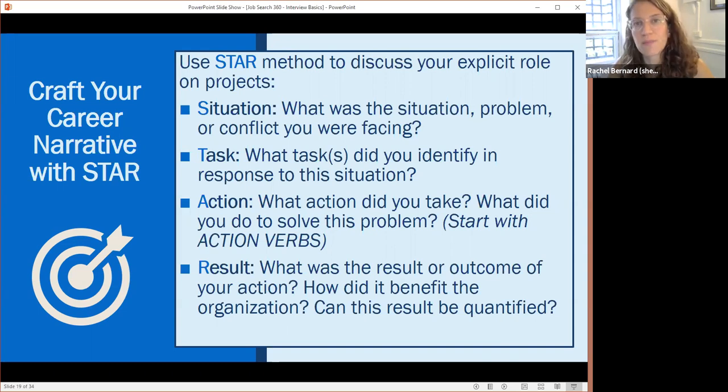If you really can't think of something, you can say, "I'm having trouble thinking of a good example of this, but let me tell you what I would do." Then walk through a hypothetical situation and say, "Because I know this is really important for this role, I can't think of an example, but let me walk through what I think this would look like if I were faced with this." But again, I would only recommend doing that one time in an interview.